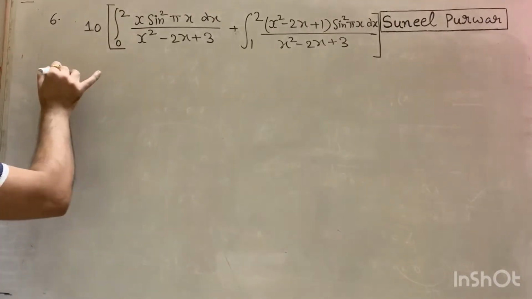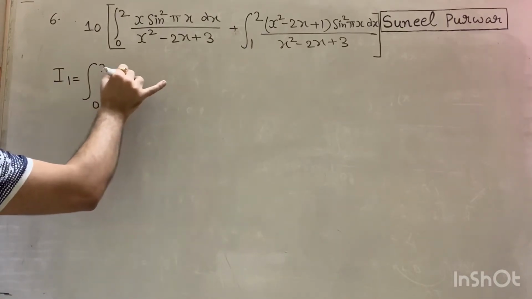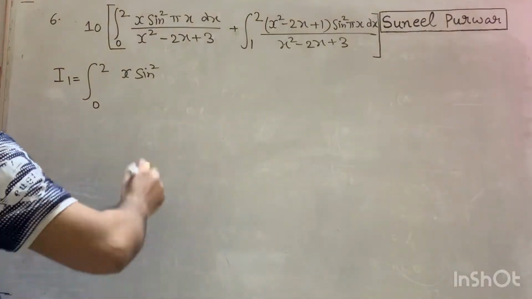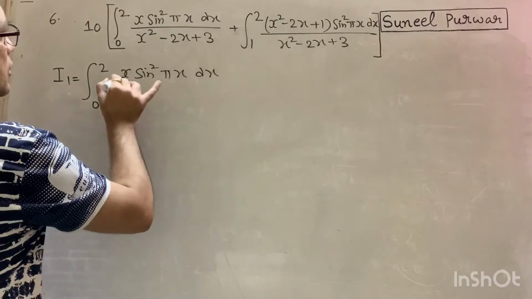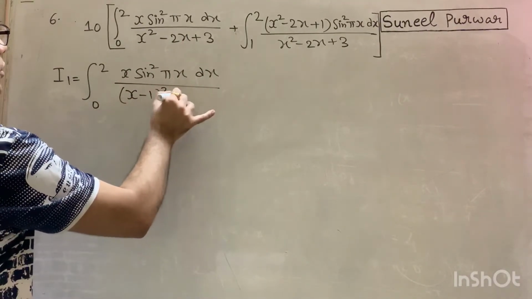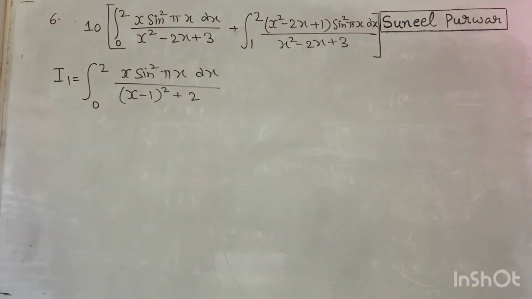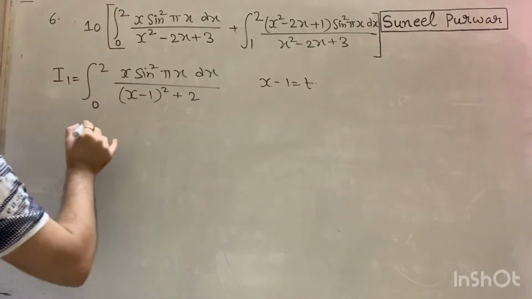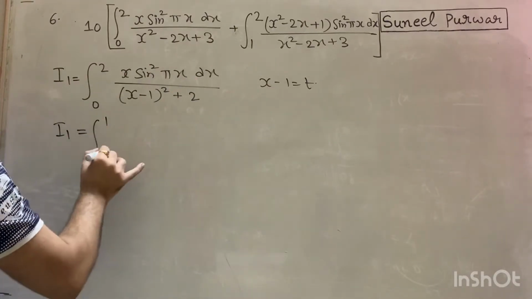Okay. So I1 is equal to integral 0 to 2 x sine square pi x dx upon this denominator we can write as (x minus 1) whole square plus 2. Now you see, use the substitution x minus 1 is equal to t. So I1 will become limits minus 1 to 1.